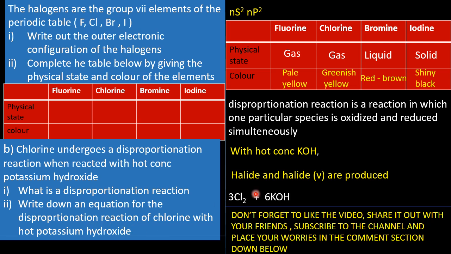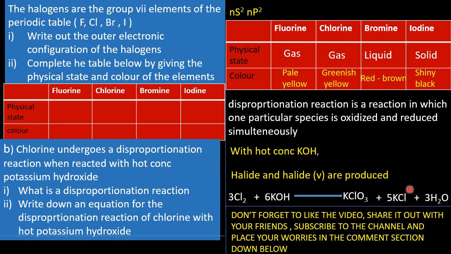So we have chlorine plus 6 potassium hydroxide, guys. That is going to give us the first one, the oxo halide whose oxidation state here is 5. Then guys we have the halide. That's why I said halide and halate 5 are produced.